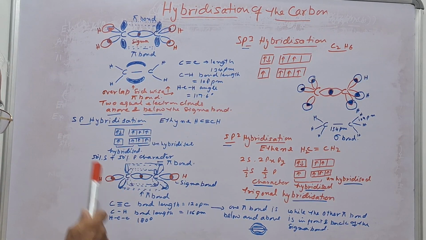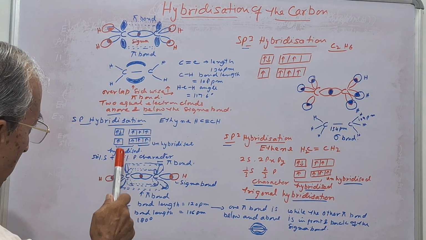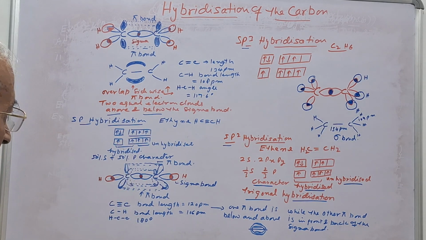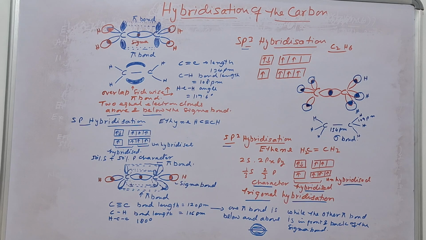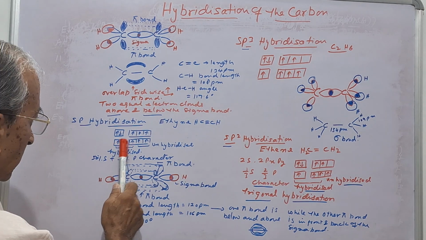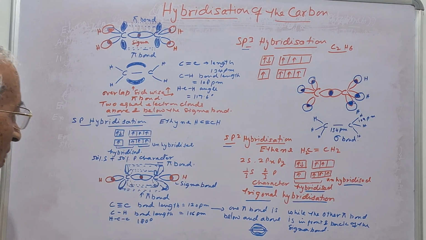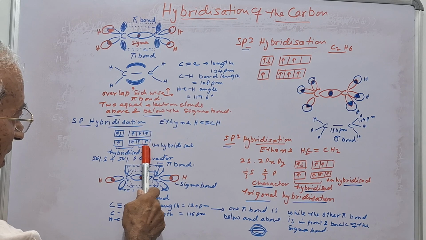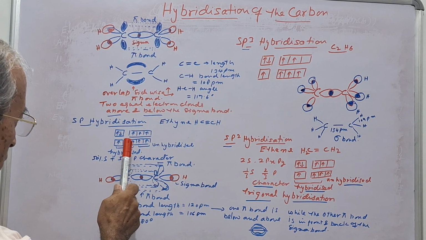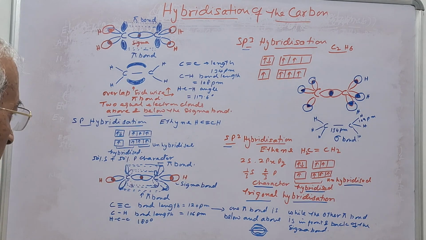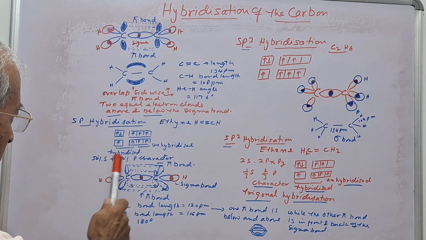But here in the case of sp hybridization, 1s and 1p hybridize and form two equal energy hybridized orbitals, and two remain unhybridized. As two orbitals hybridize, the character of s and p will be 50%.